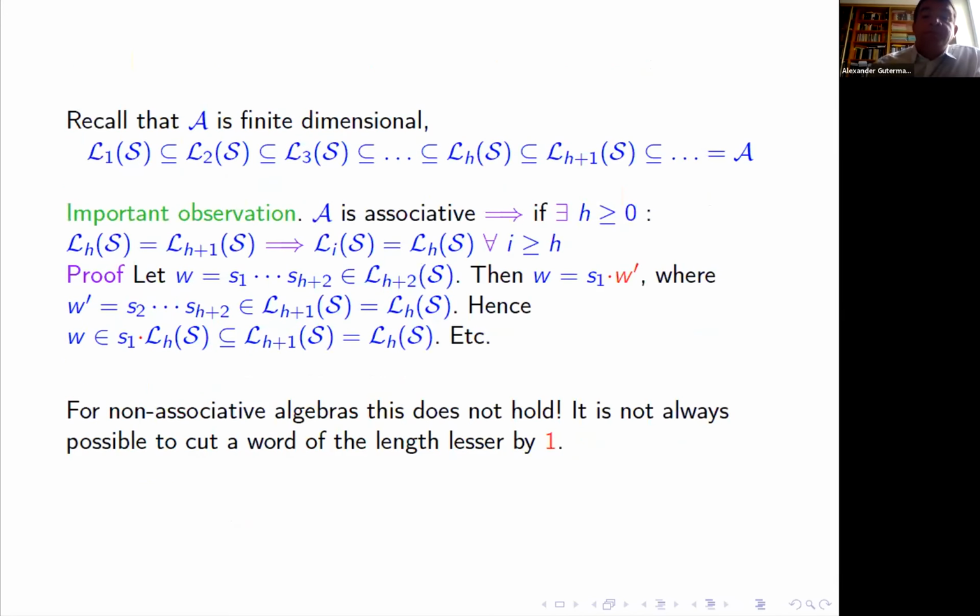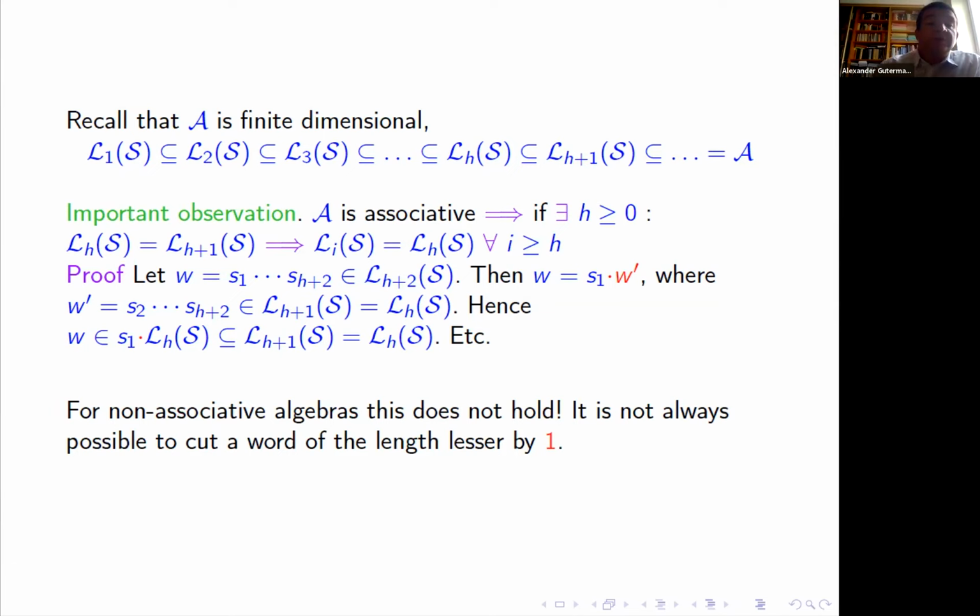But since our algebra is finite dimensional, there certainly should be a stabilization in this filtration. If we don't have equality, then there is a growth of dimension by at least 1. And since our algebra is finite dimensional, there should be a stabilization.